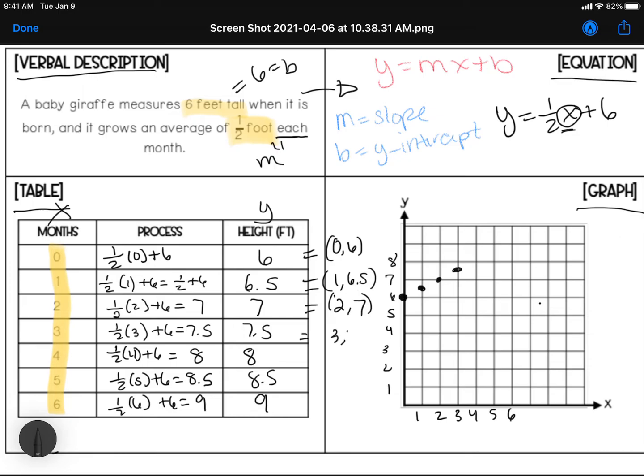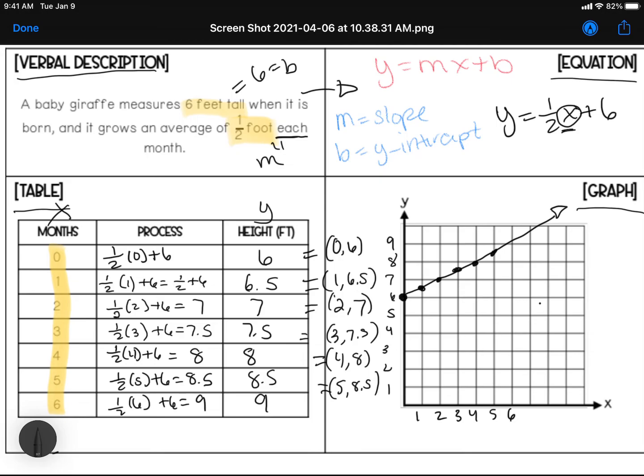So I'm going to finish writing these out. And this is all we're doing. Okay. So 4 is 8. And then 5 is 8.5. And it's just going in this direction.